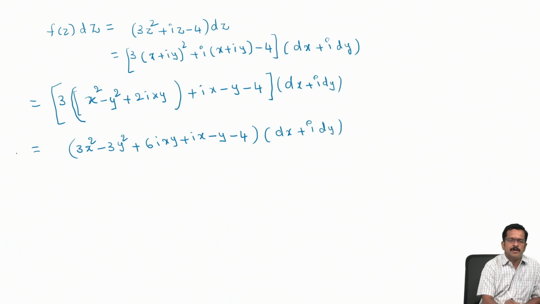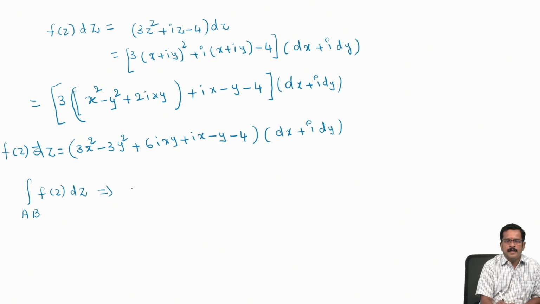This is the simplified form of f of z dz. Now you try to evaluate the integration along AB, f of z dz.